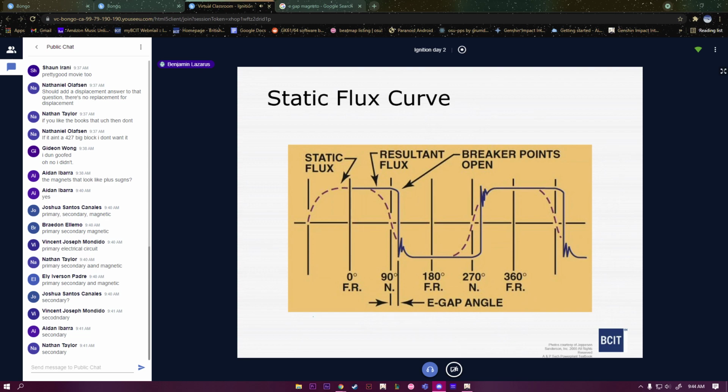I put my voltage down here in my secondary coil. Whenever there's not much change, I'm going to have very low voltage. Whenever there's a lot of change, I'm going to have a voltage spike.